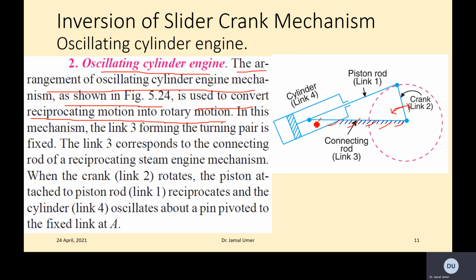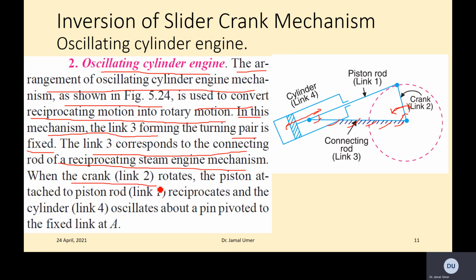When this moves up and down, it helps to move the crank. So in this mechanism, the link 3, forming the turning pair, is fixed. Link 3 corresponds to the connecting rod of a reciprocating steam engine mechanism.